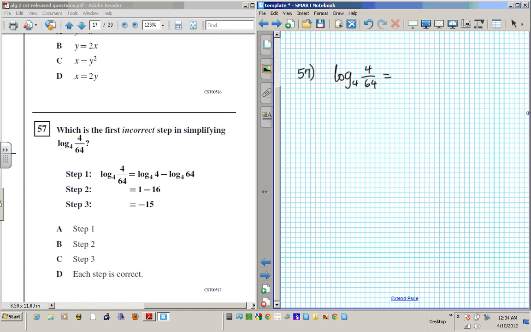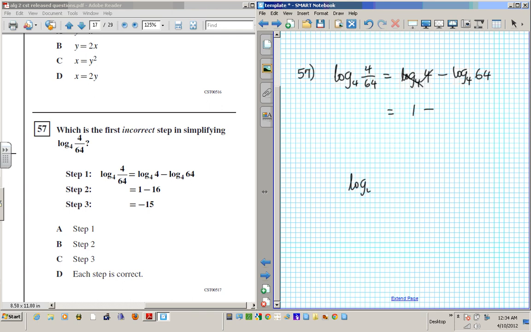So let's go ahead and do that. So we're going to have log base 4 minus log base 4 of 64. Good, they got it right. Now, in order to simplify this, these two cancel out to 1, right? Because they match. So this is basically 1 minus, what is log base 4 of 64?